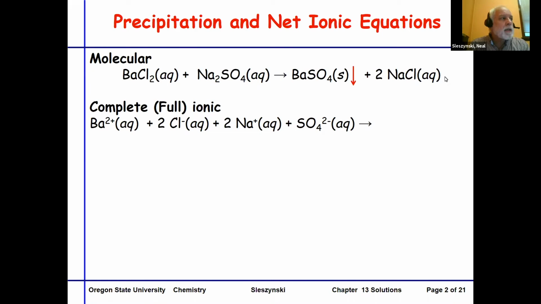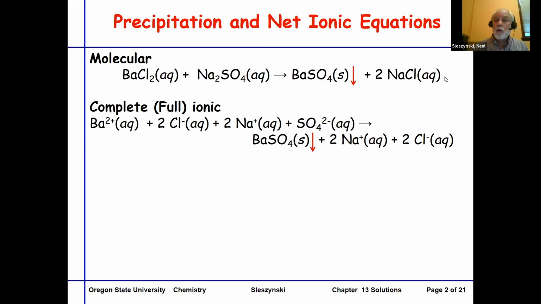So the complete or full ionic equation is a better description than the molecular equation because we're acknowledging that barium chloride no longer exists as a compound, but as separated ions once we put it in water. And of course, we have the same situation with sodium ions and sulfate ions from our sodium sulfate.